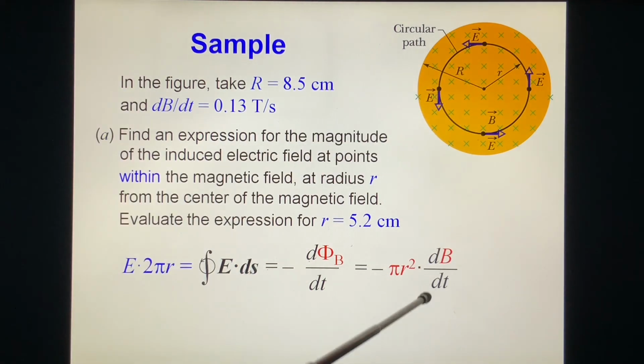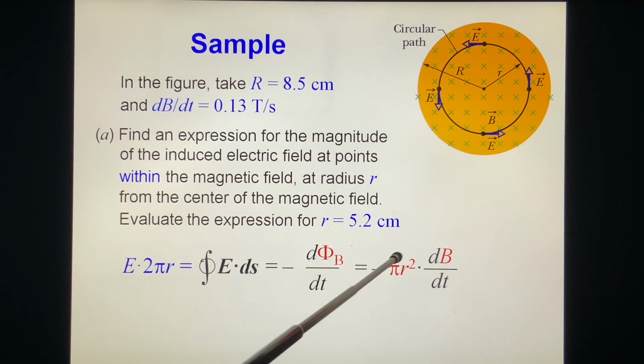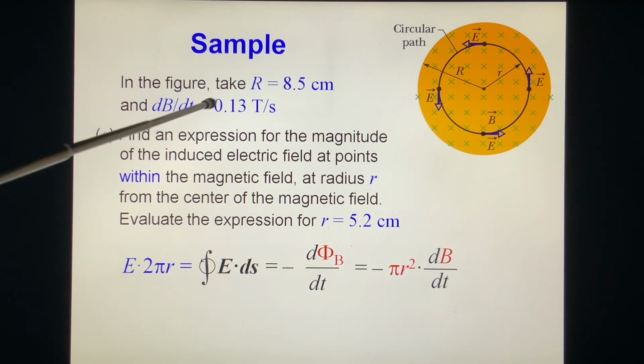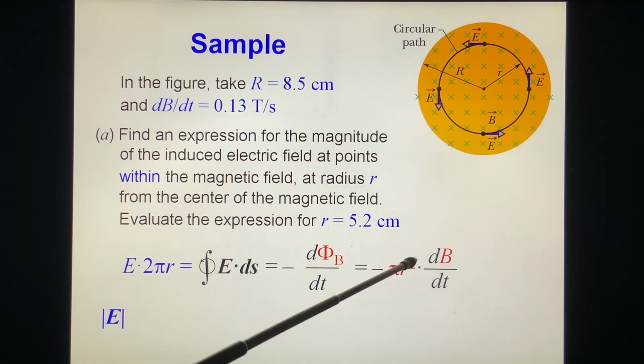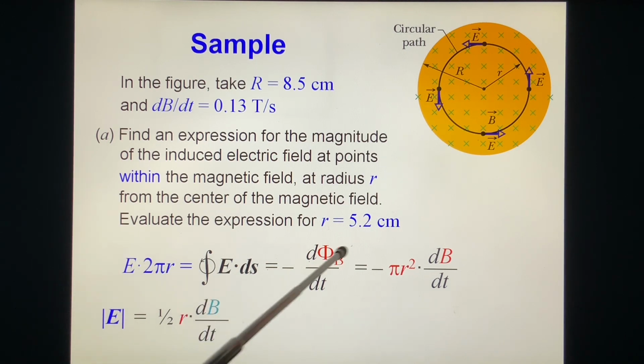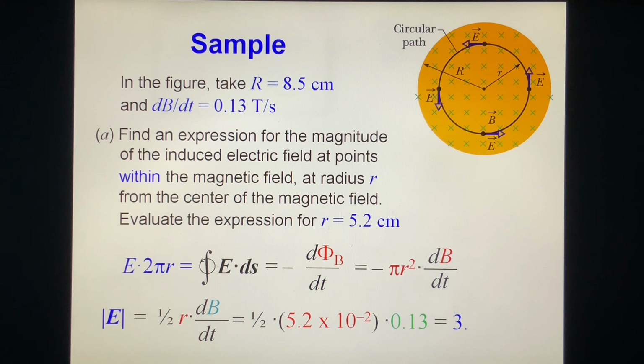Phi is B times A. A is constant, so take out dB/dt. We have dB/dt equal to 0.13 tesla per second. So we get E equal to, r squared cancels out, one half r dB/dt. You put in the numbers and get a number. Remember, here we have to use meters. They give centimeters, so you have a times 10 to the minus 3.